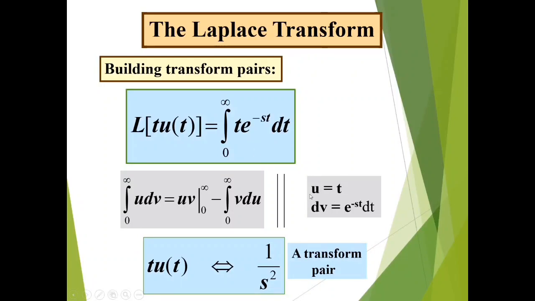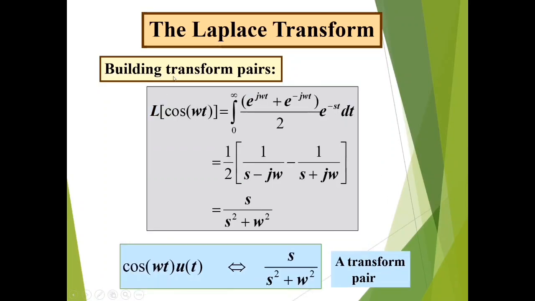Here we take u as t and dv as the remaining e power minus st dt. From u equal to t, we find du equal to dt, and v is the integral of e power minus st dt. So the transform pair is t u of t and 1 by s square.